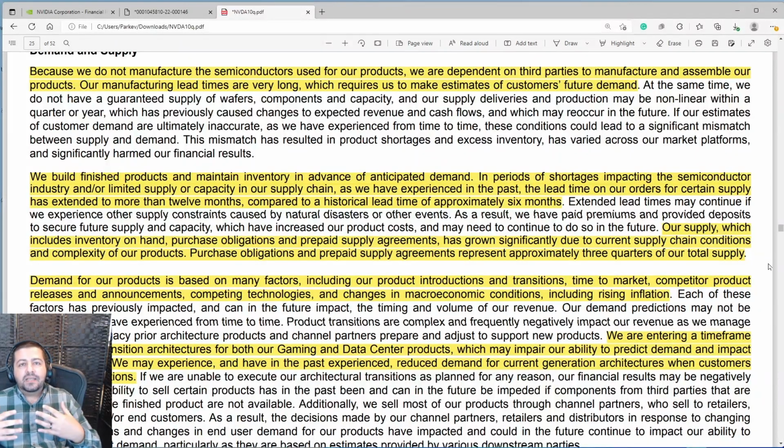So not only is the inventory on its balance sheet elevated, but they've also entered into agreements, purchase obligations. That means this is inventory that they must buy, and prepaid supply agreements that they must complete, and that's approximately 3/4 of its total supply. So not great news there. Not great news for Nvidia investors.